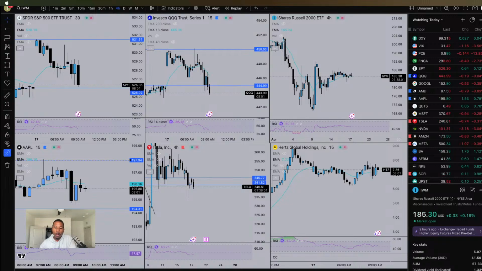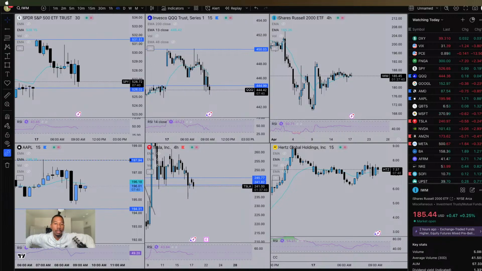Added that SPY as well. That put you did to SPY at 512, how long do you think you'll hold? So I don't have any intention of making another trade today. After I get off stream, I am legit not going to look at the stock market. I'm just going to enjoy my day.